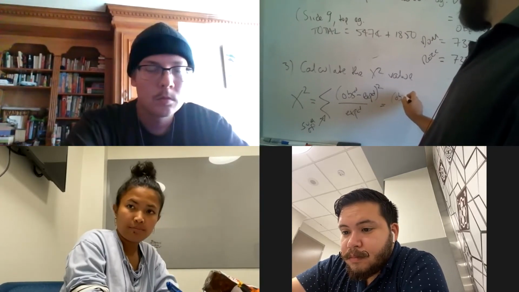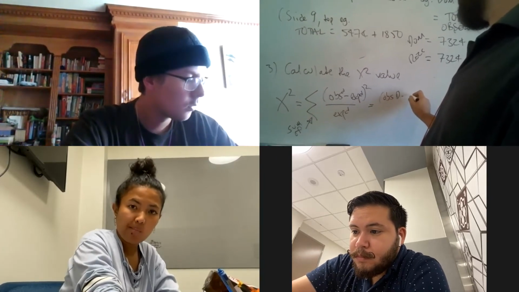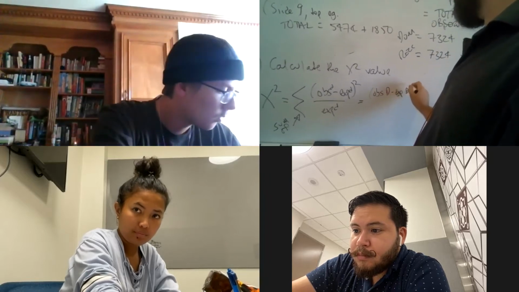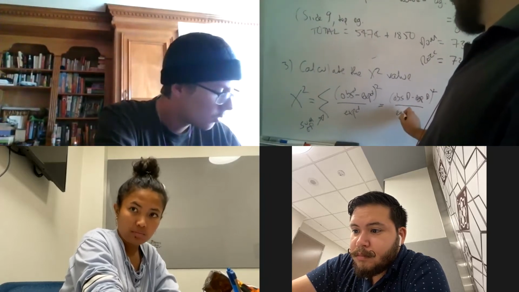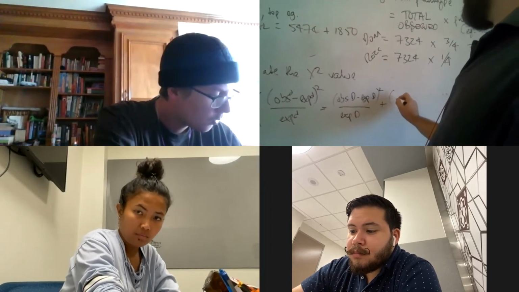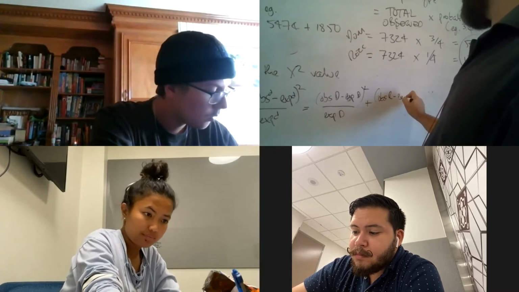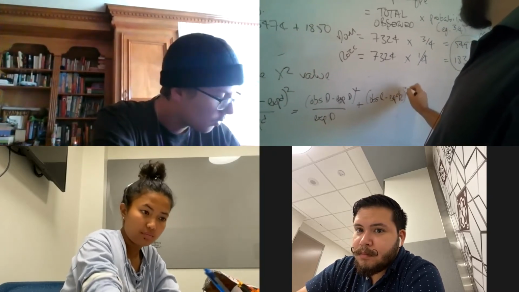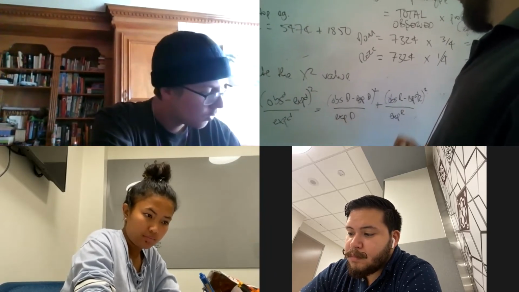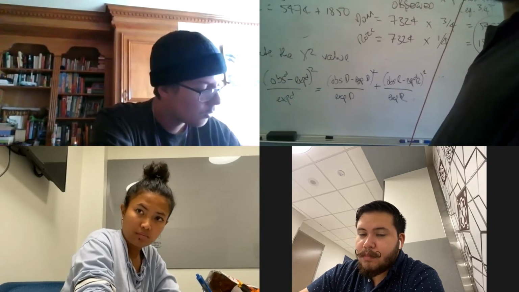So this is going to be observed for the dominant minus the expected, squared, over expected dominant, plus observed recessive minus expected recessive, squared, over expected recessive.